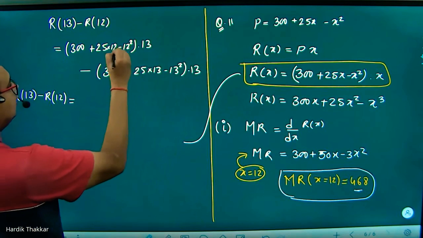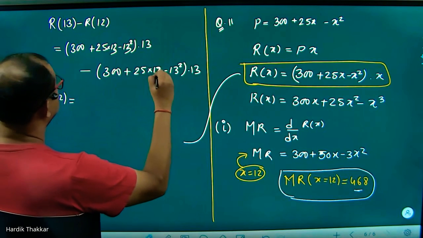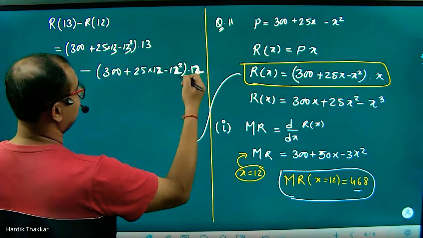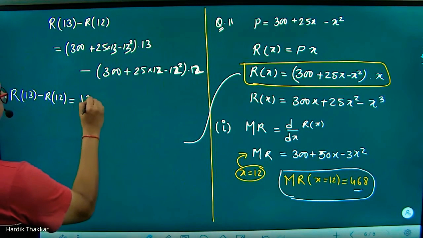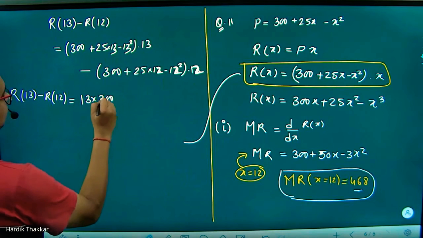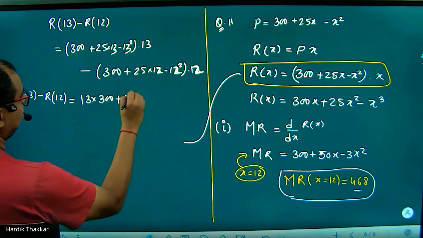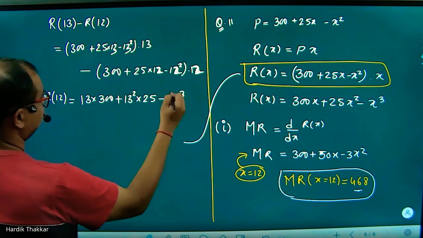Here 13 and here 12 will come. Okay, now calculate. So 13 into 300 plus 13 square into 25 minus 13 cube.